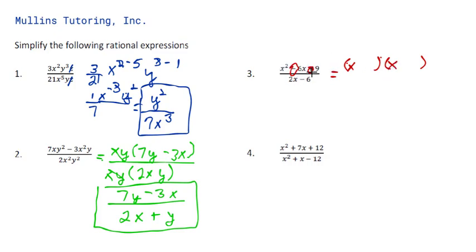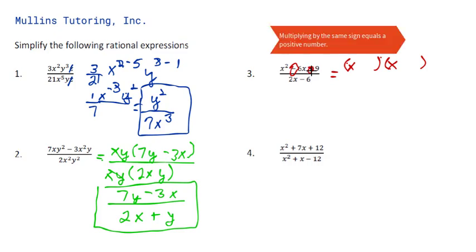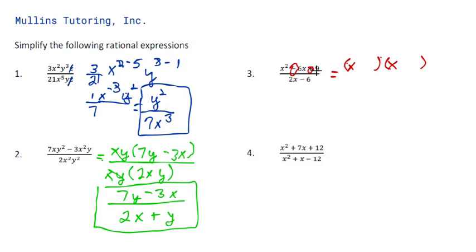Now I notice that I have a positive sign here and a negative sign here. The only way to get a positive here is a negative times a negative. 9 is a square number. The square root of 9 is 3. And 3 plus 3 gives us 6. So we're going to have x minus 3, x minus 3.